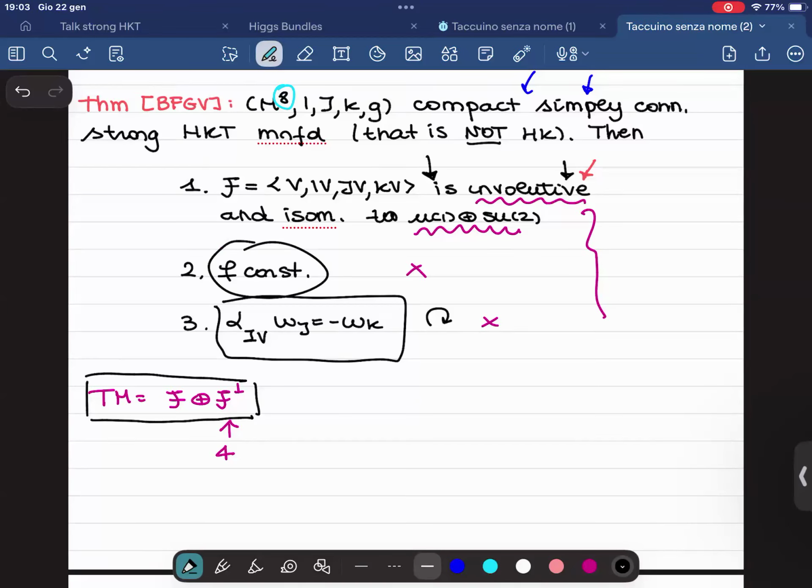This is where you cannot avoid it. Well, and maybe that fact can be proved independently. Like if IV, JV, and KV all commute, then somehow it should be hyperkähler. Yes, there should be a way. We haven't thought about it, but it's possible and it's reasonable to expect that. Yeah, okay, I see.